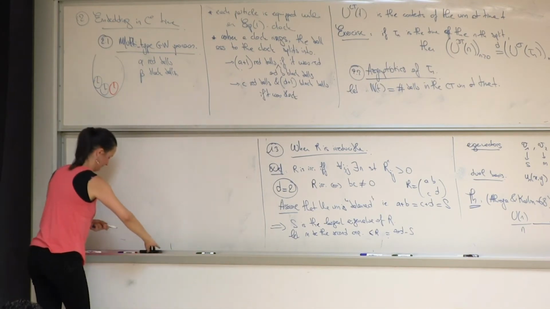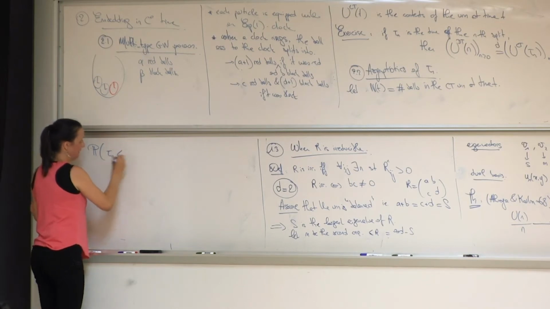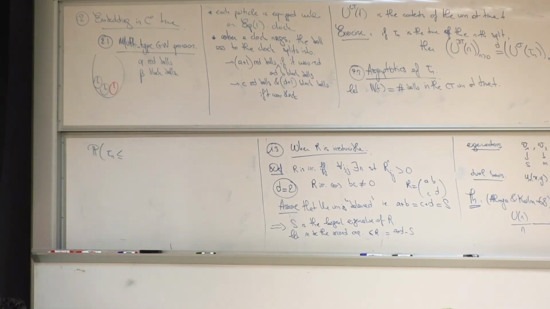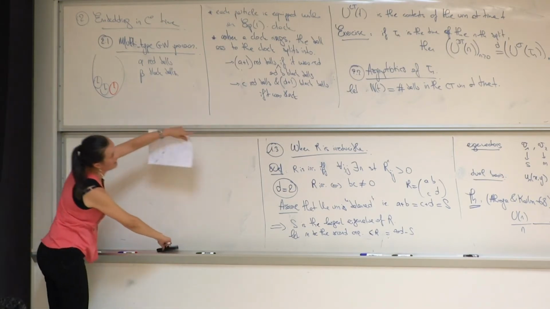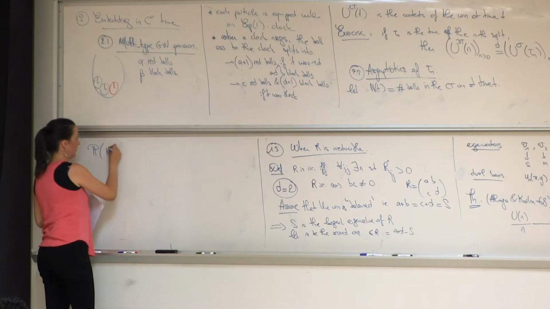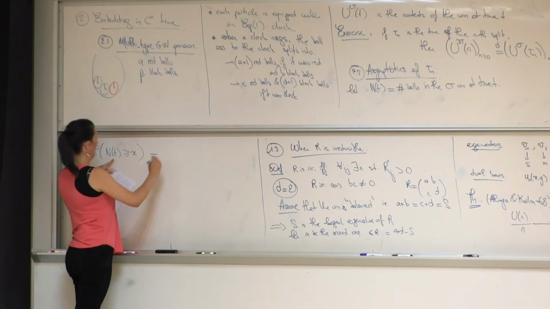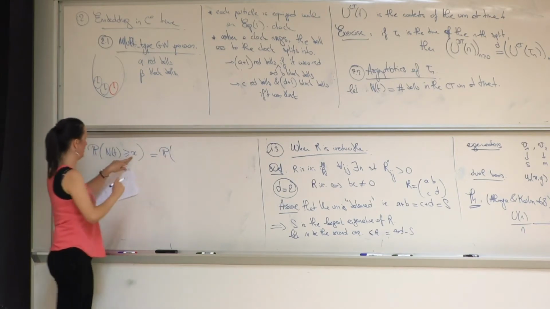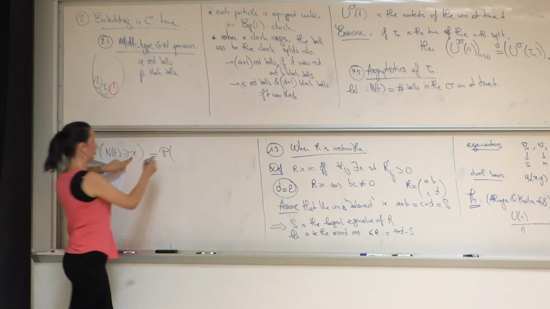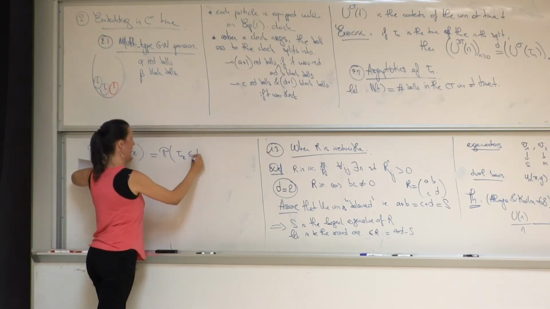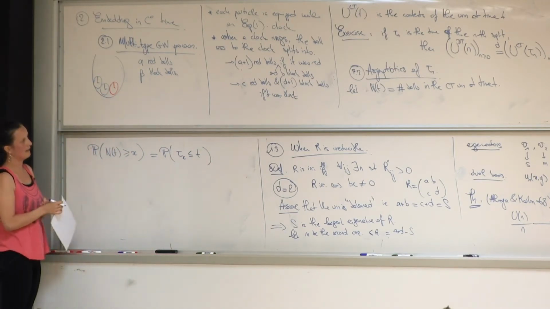I'm just going to calculate the probability that tau n is less than, and let me use the same notations as in my, oh, sorry. So I want to calculate the limiting distribution of N of t, basically. So I'm going to calculate the probability that N of t is larger than x. This is the same as saying that the time tau x has happened already. So tau x is less than t, right?